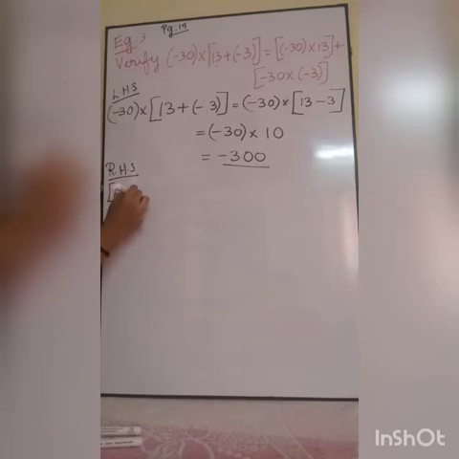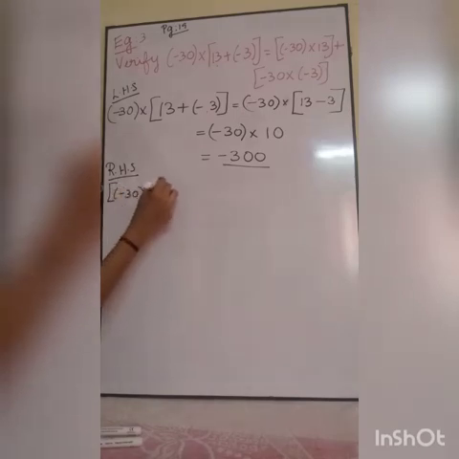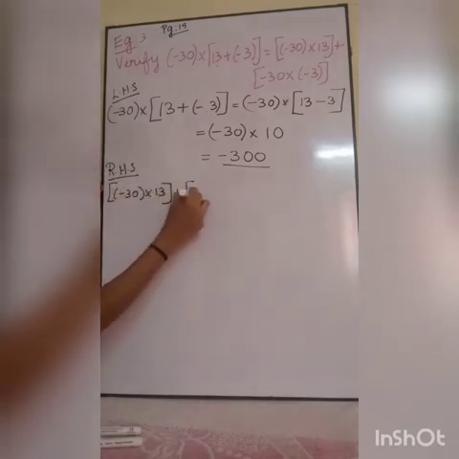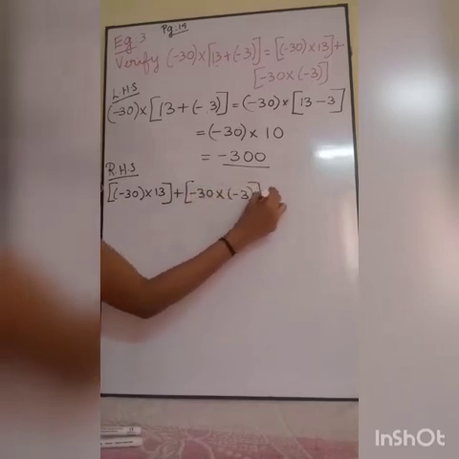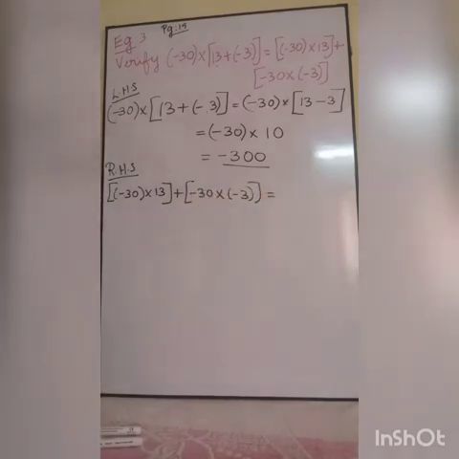Minus 30 into 13 plus minus 30 into minus 3. Now I told you we should do the bracket calculation first. Minus 30 is one integer, 13 is one integer.